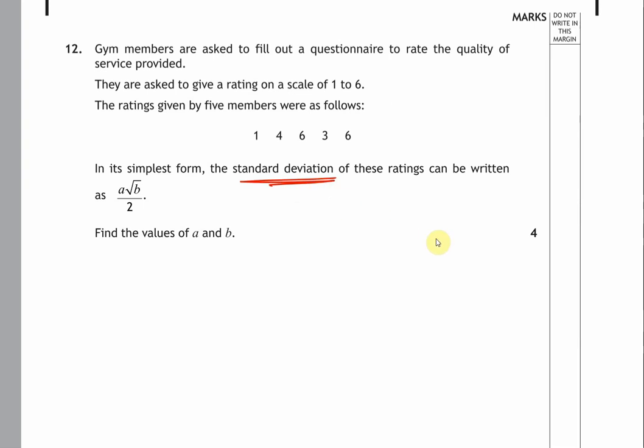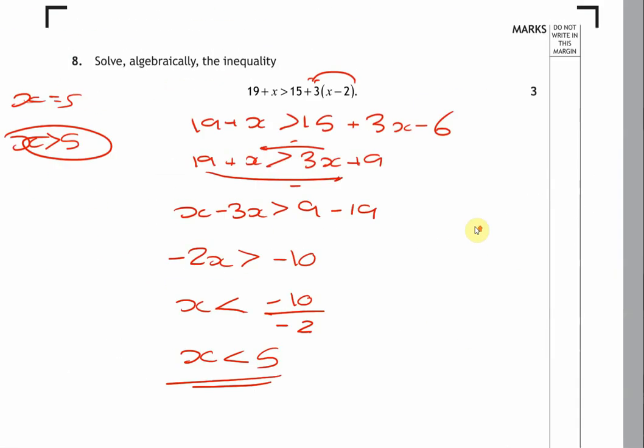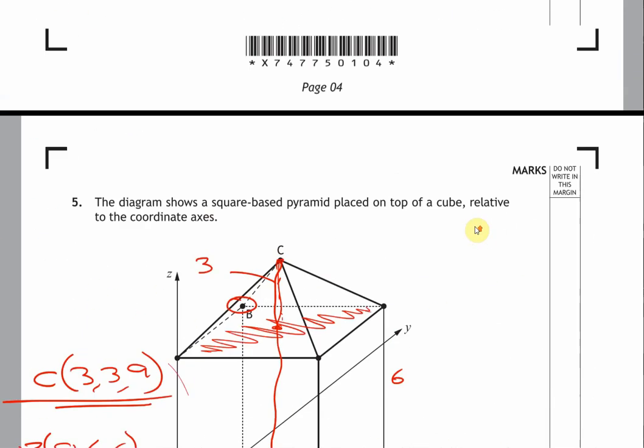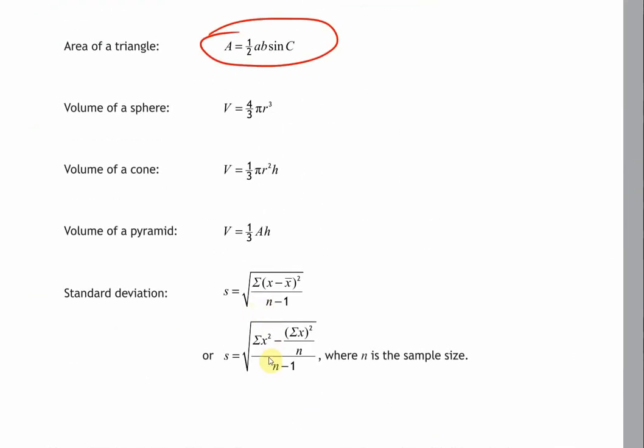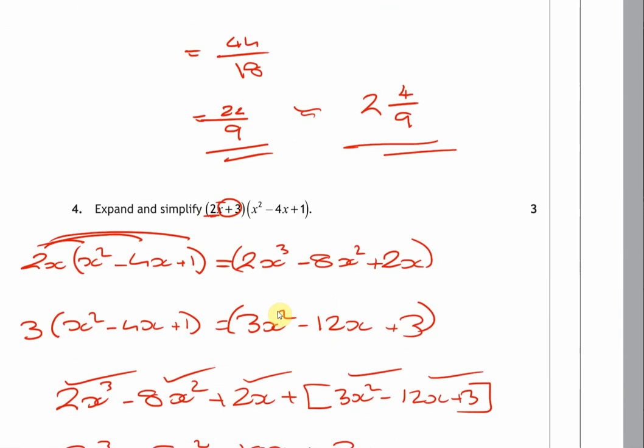So what we can do, if you're ever unsure, is scroll back to our standard deviation equation in the formula sheet. Now we have 2 different ones that we can use, but I'm going to use this one here because it's slightly smaller. So we have s is equal to the square root of the summation of x minus x bar squared, all divided by n minus 1.